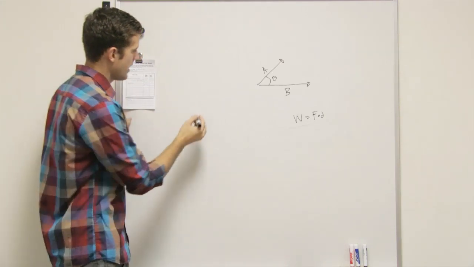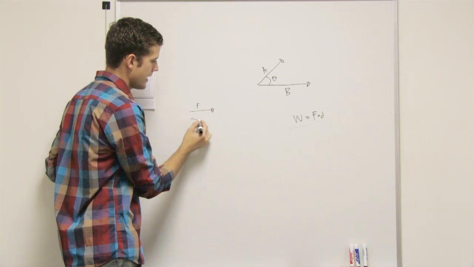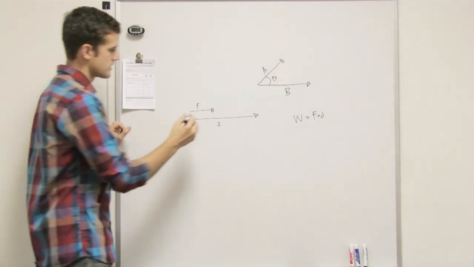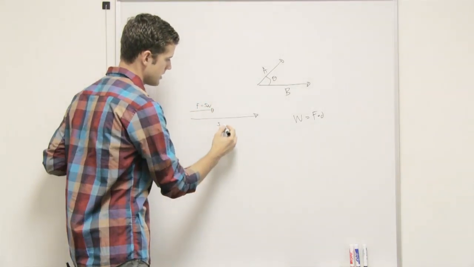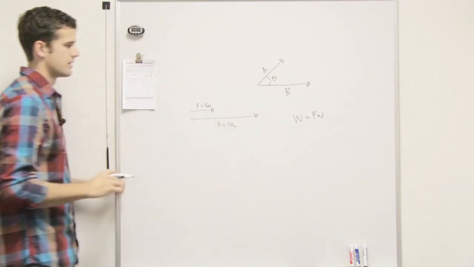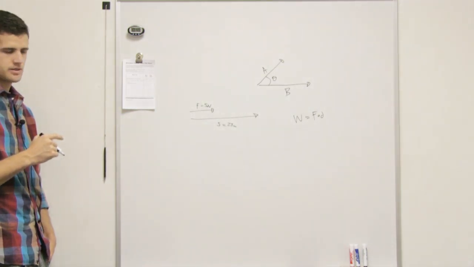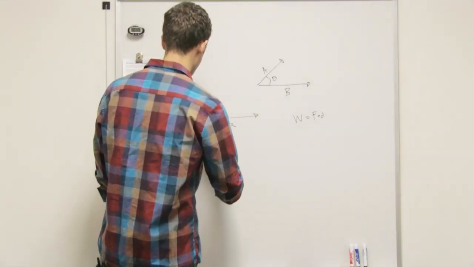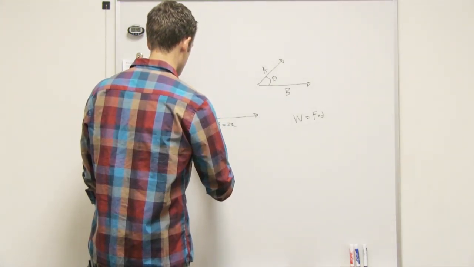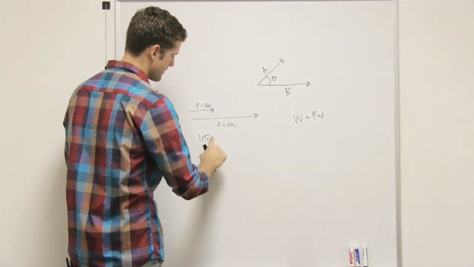If you have a force that's pointing this way, and you go a distance s, say this is 5 newtons and this is 23 meters, then you can just do force times distance straight across. So you do 5 newtons times 23 meters, so that's 115, not meters, 115 joules of work.